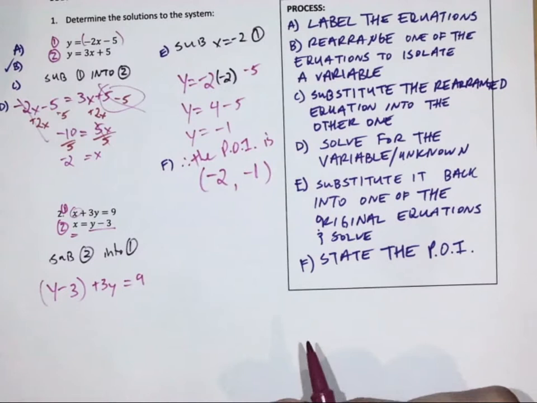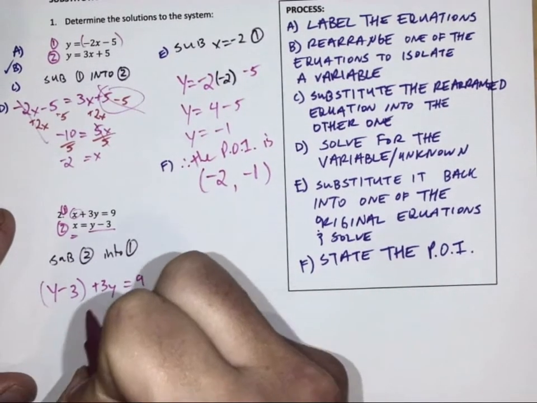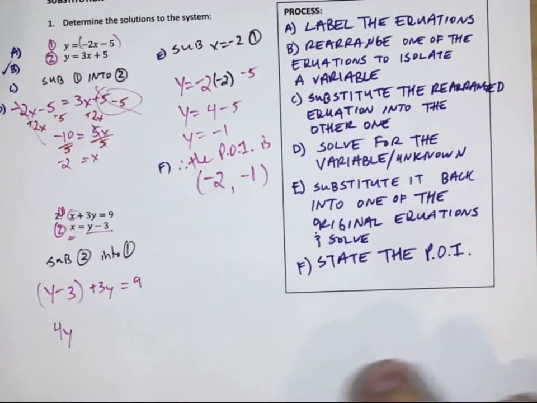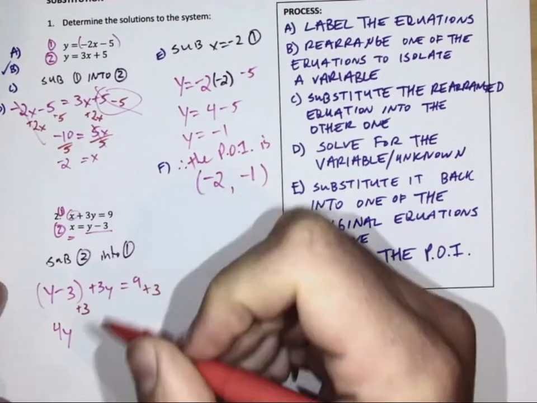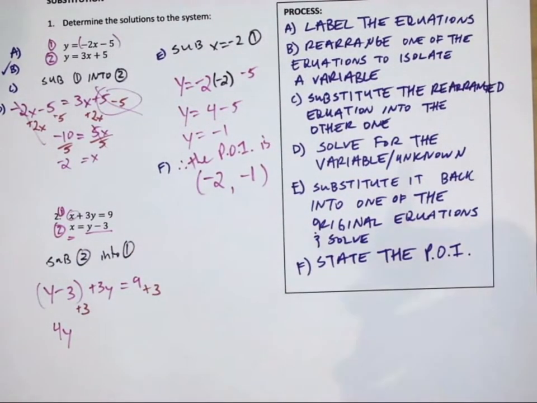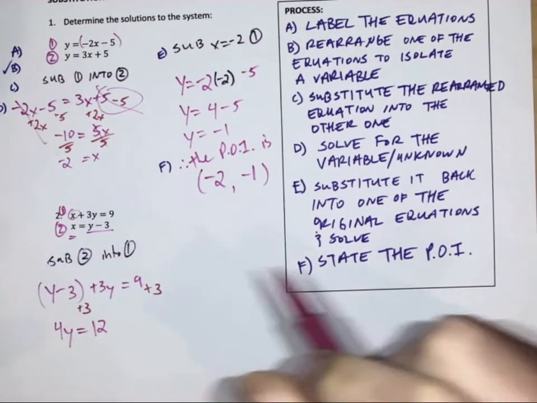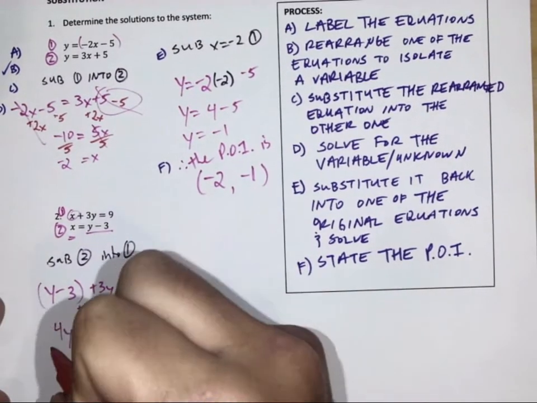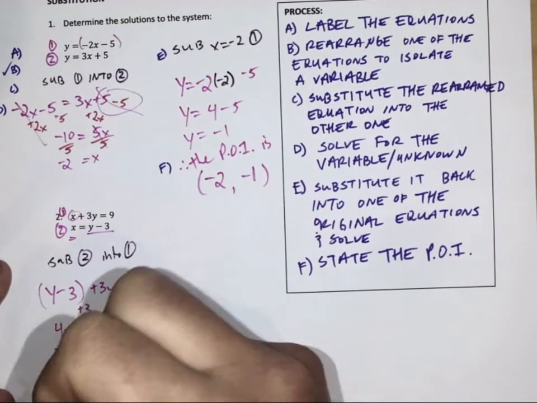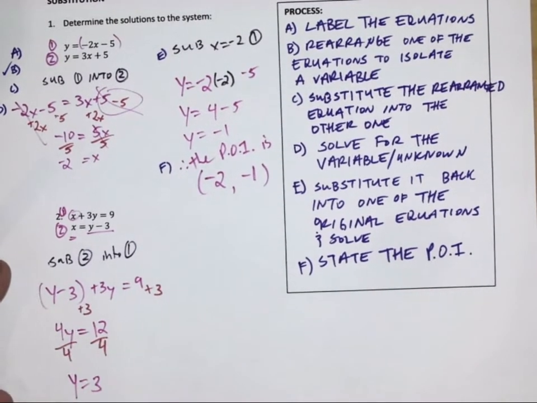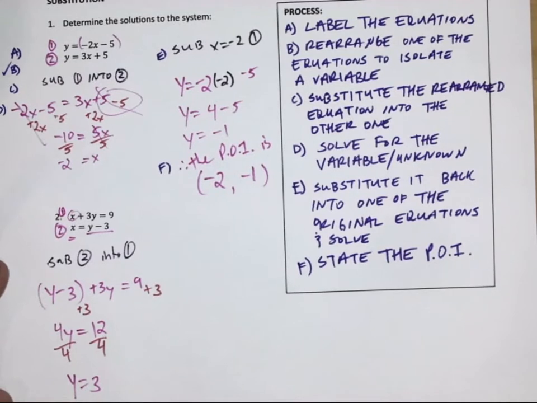Now I'm going to solve. y plus y is 4y. That's -3. I'm going to add 3 to the left, add 3 to the right. That equals 12. Divide by 4, divide by 4. And y equals 3.